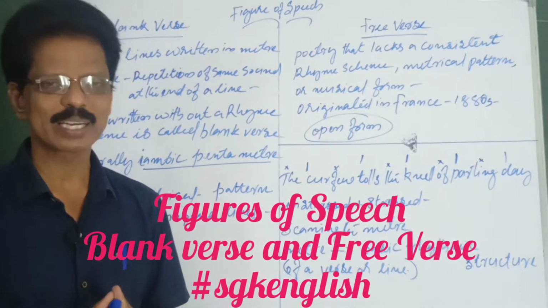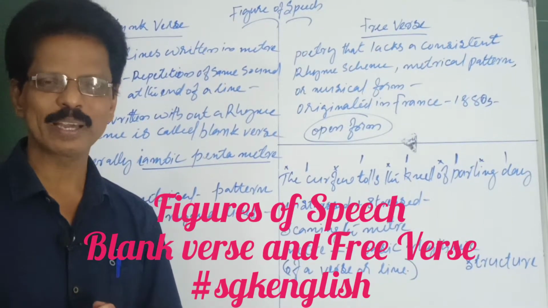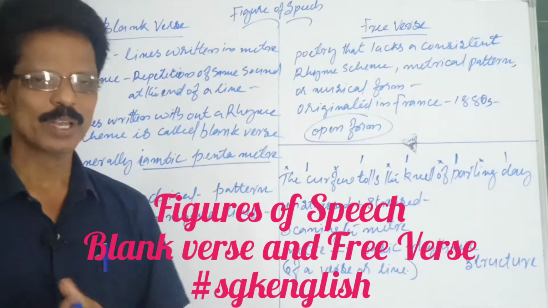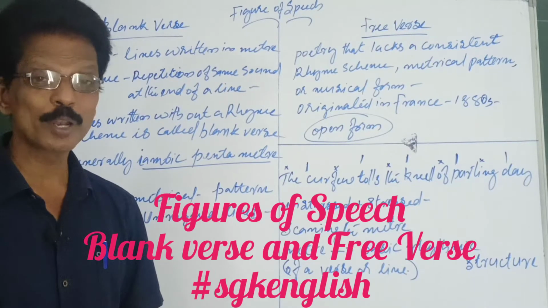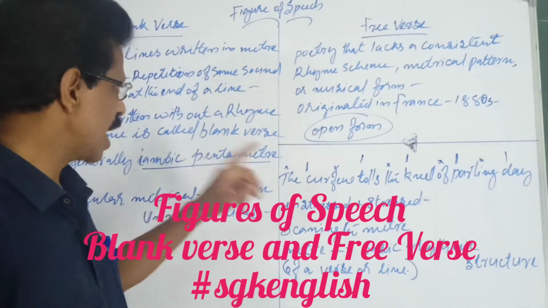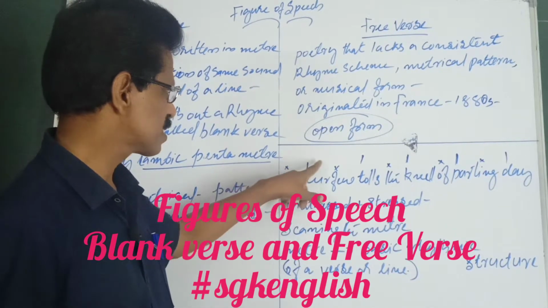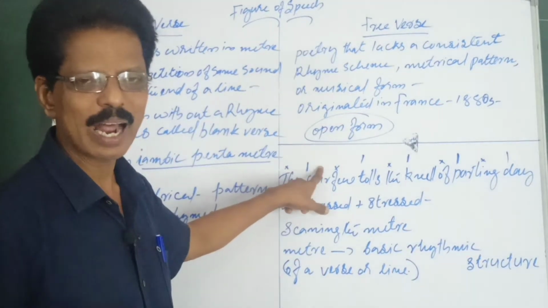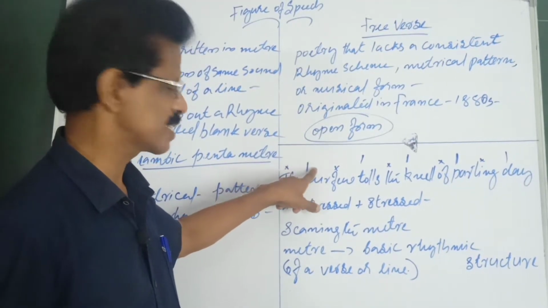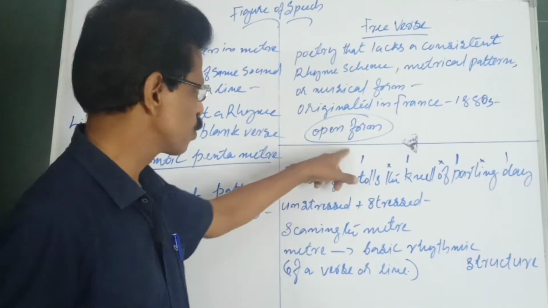You study it in the literature part of Telugu or Malayalam or any other language. You call it Laghu and Guru. Laghu means the unstressed one. Guru means the stressed one. Accented, unaccented. Unaccented comes first, accented second. So Laghu, Guru.